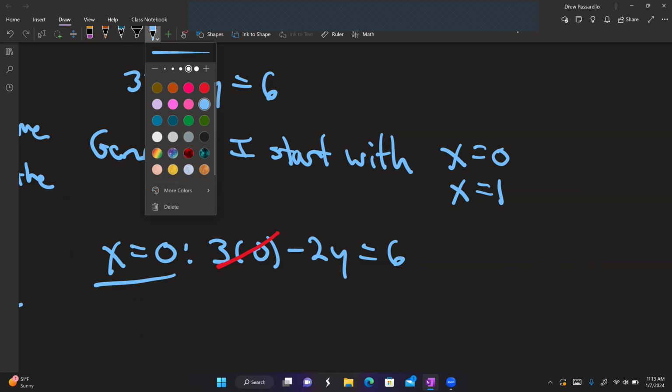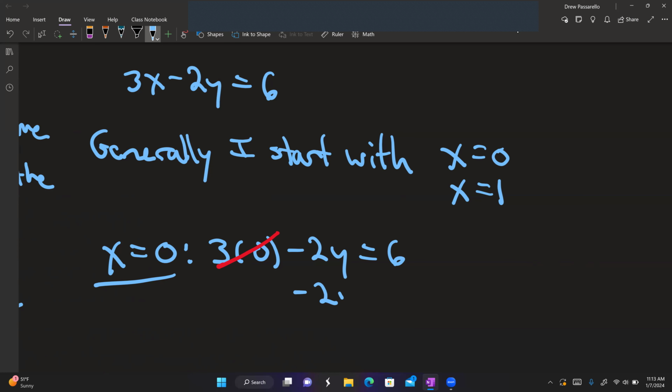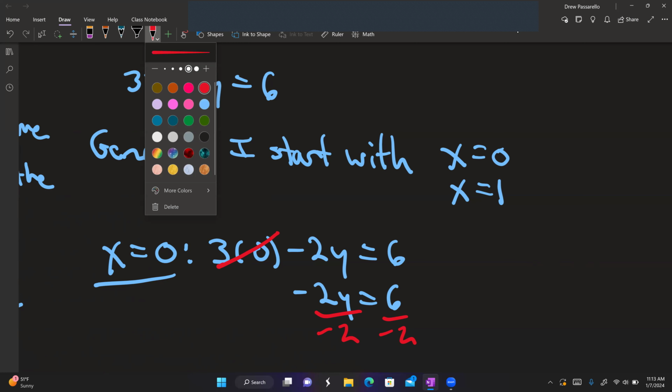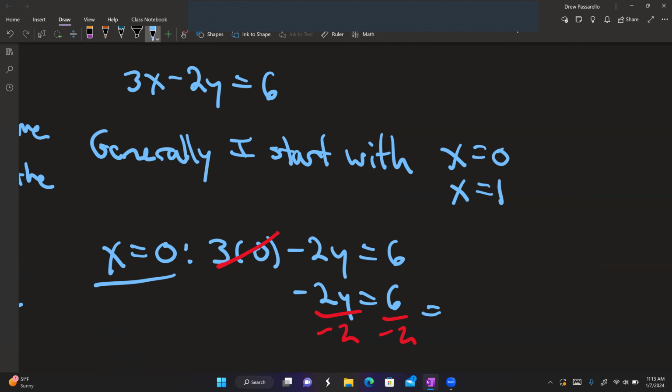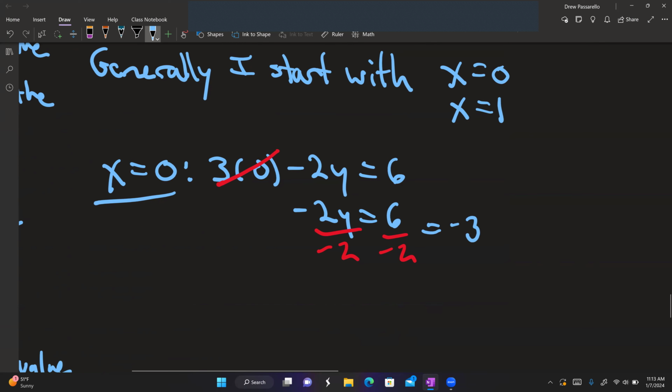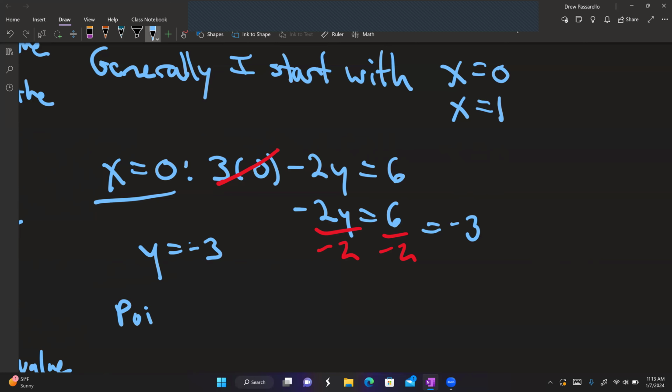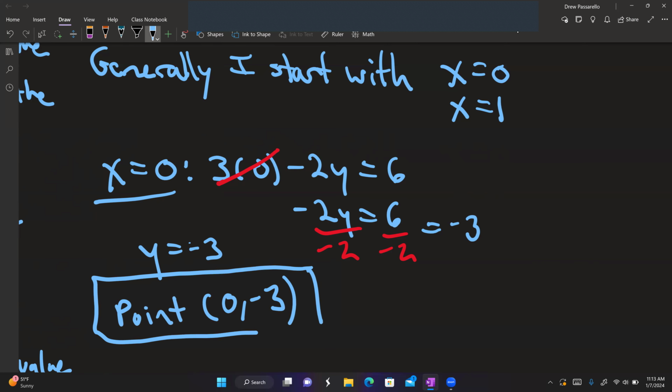You're left with negative 2y equal to 6. And then we divided by negative 2, and that gave us y equal to negative 3. So when x is 0, we got y equal to negative 3. That means the point is (0, negative 3). All right, so that works because we have whole numbers for the coordinates.